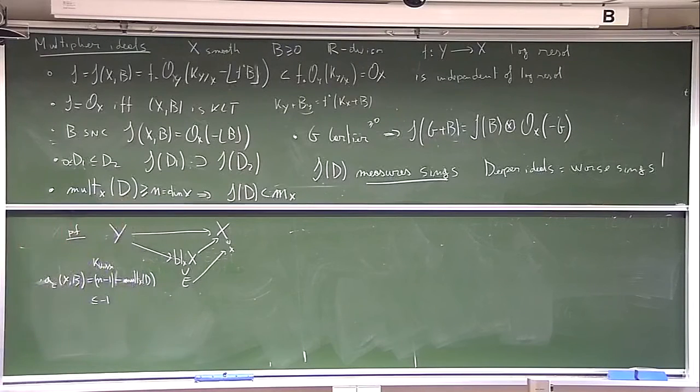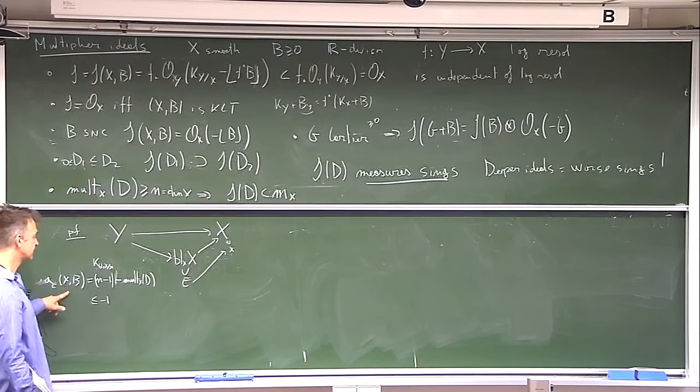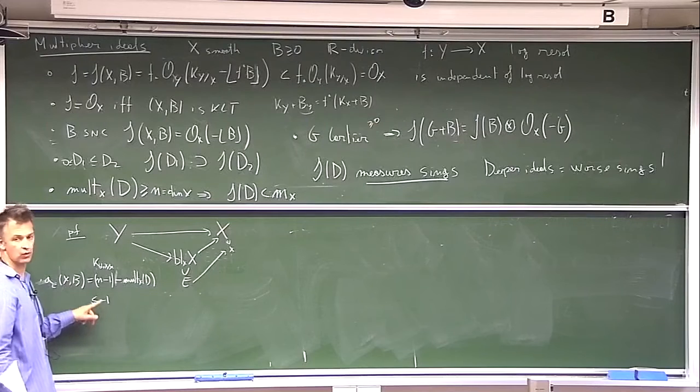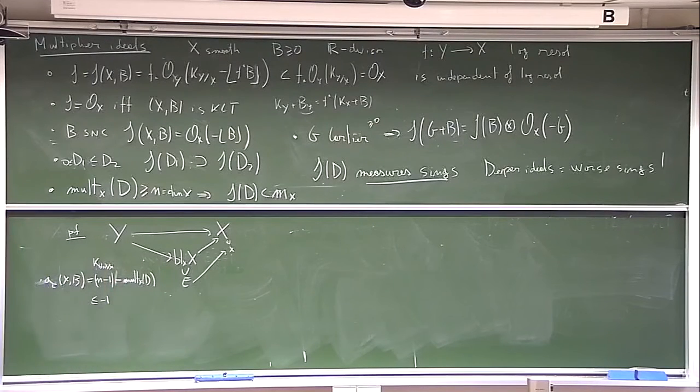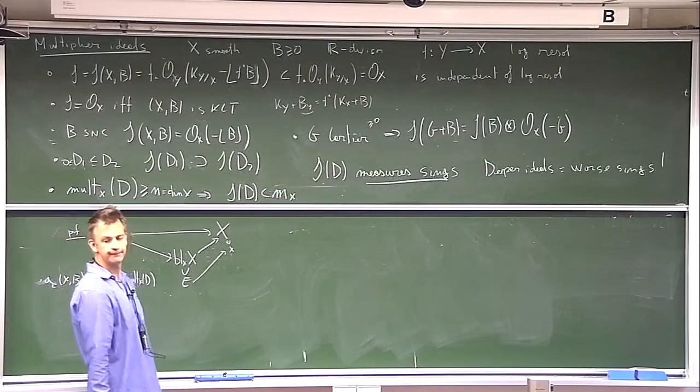The multiplicity is greater or equal to n. So we have one discrepancy that's less or equal to minus 1, one bad discrepancy, that's enough to rule it out. It's not a KLT pair. The multiplier ideal has to be non-trivial.